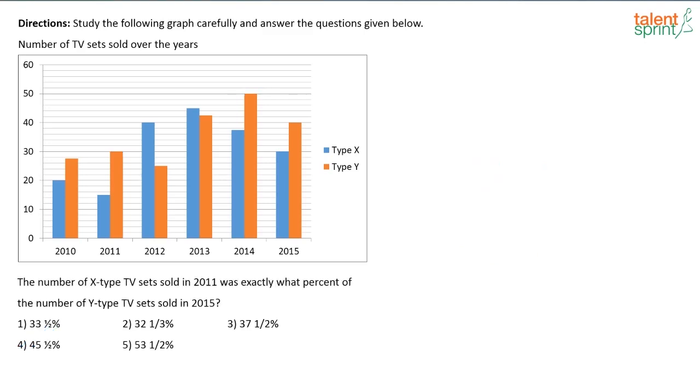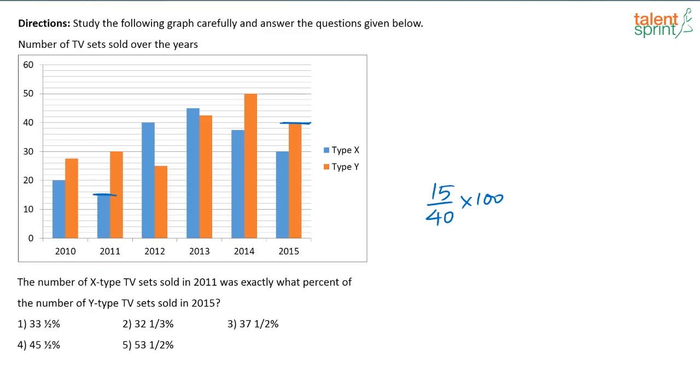Next one. The number of X-type TV sets sold in 2011 was exactly what percentage of the number of Y-type TV sets sold in 2015? So what's the answer for this one? 15 by 40 into 100, correct?